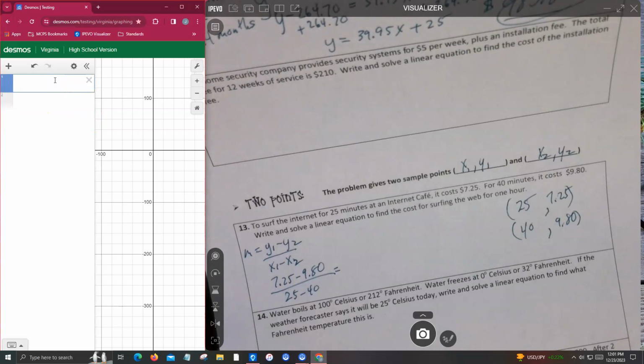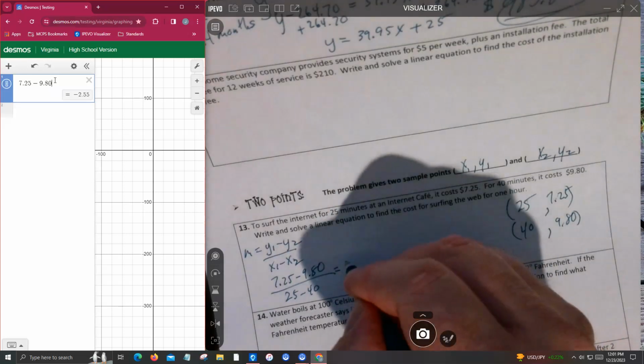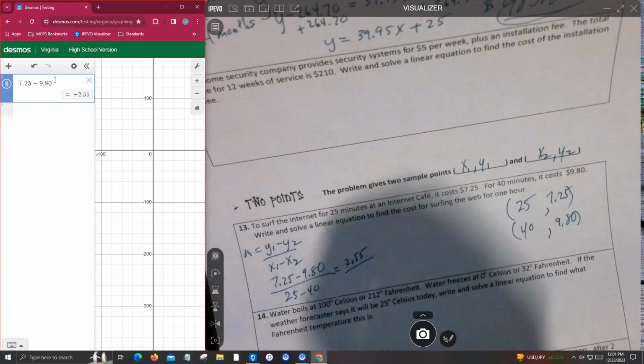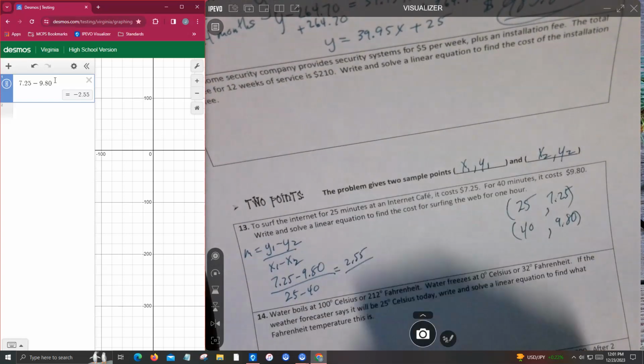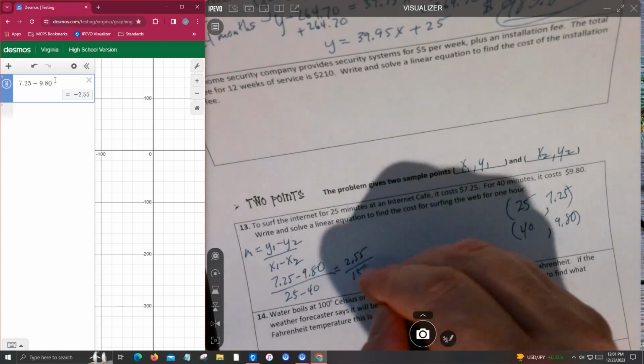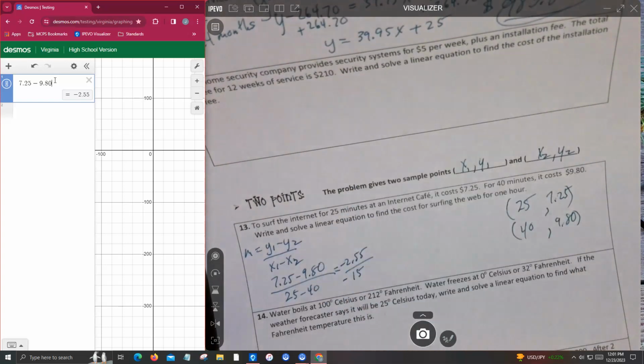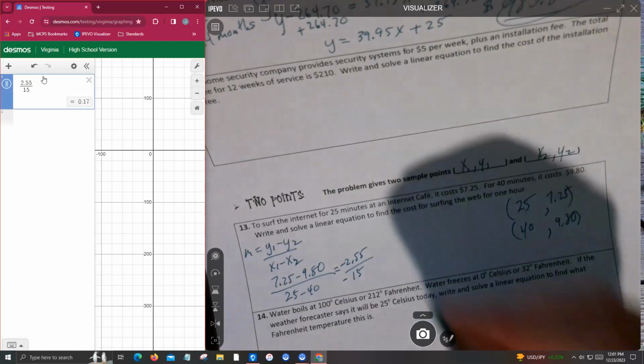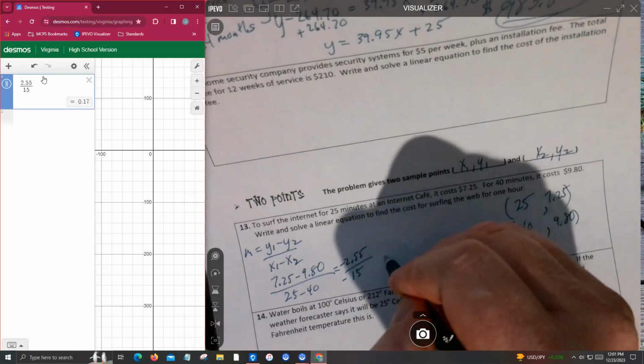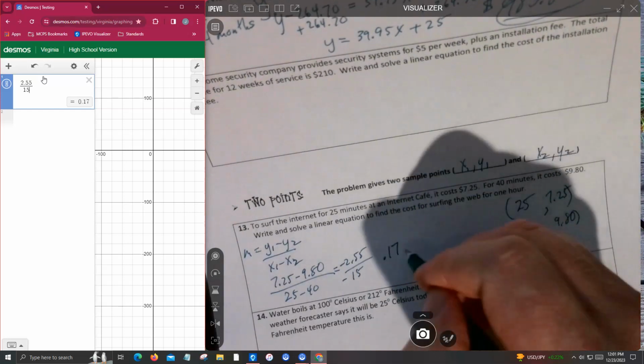So 7.25 minus 9.80. So that's 2.55. And then 25 minus 40, that's 15. Both of those are negatives, but the negatives will knock each other out. So let me put that in. So 2.55 divided by 15 is 0.17. So we're paying 17 cents a minute.